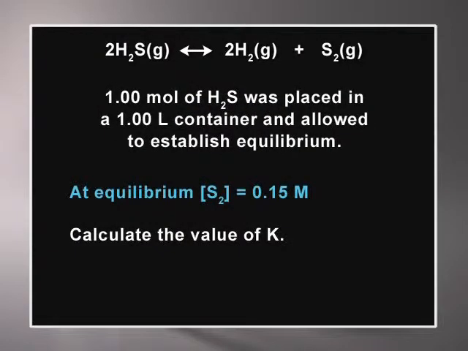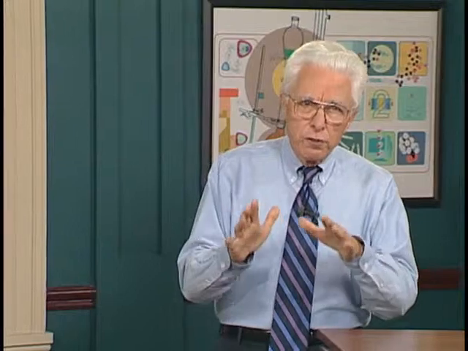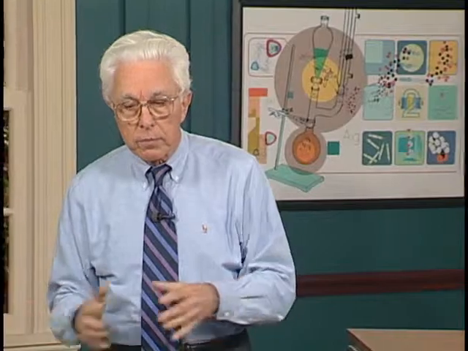Now the problem tells me that when I finally get to equilibrium, the concentration of sulfur is measured and it is found to be 0.15 molar. And they want you to calculate the value of K. Now, if you go back to the original few problems that we worked at the beginning of this lecture, it's easy to calculate K if you know the equilibrium concentrations of all the reactants and products.